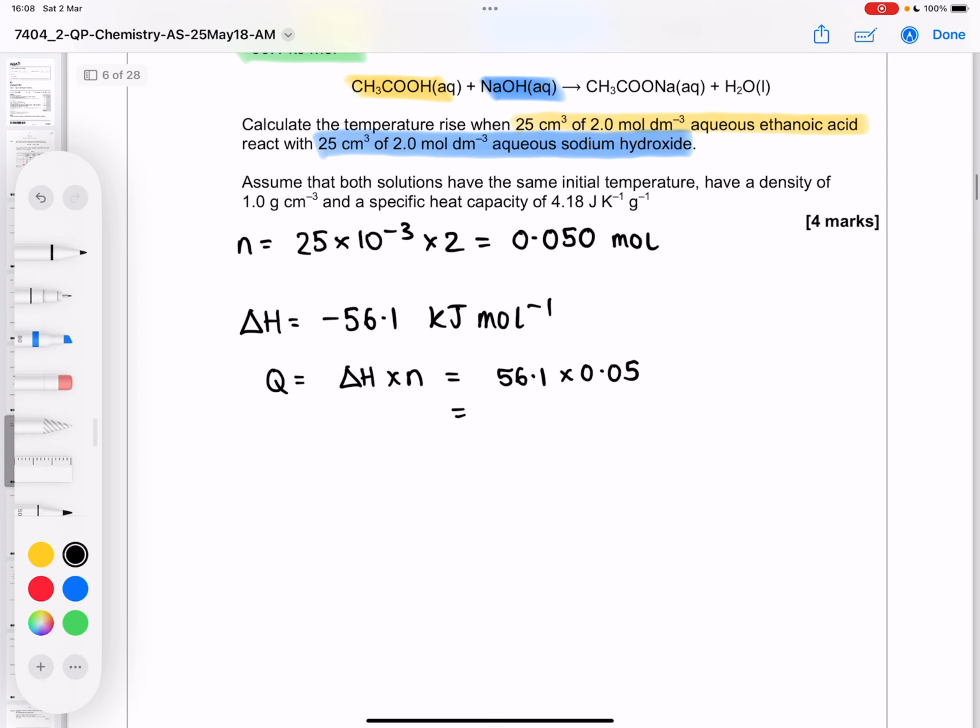We can lose the minus sign because the minus sign just means energy released, and because we're saying this is the heat released, we don't need it anymore.